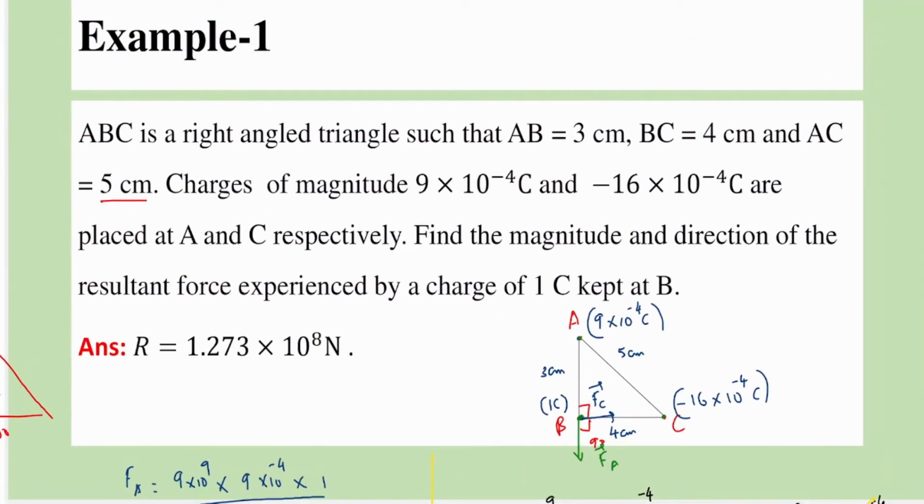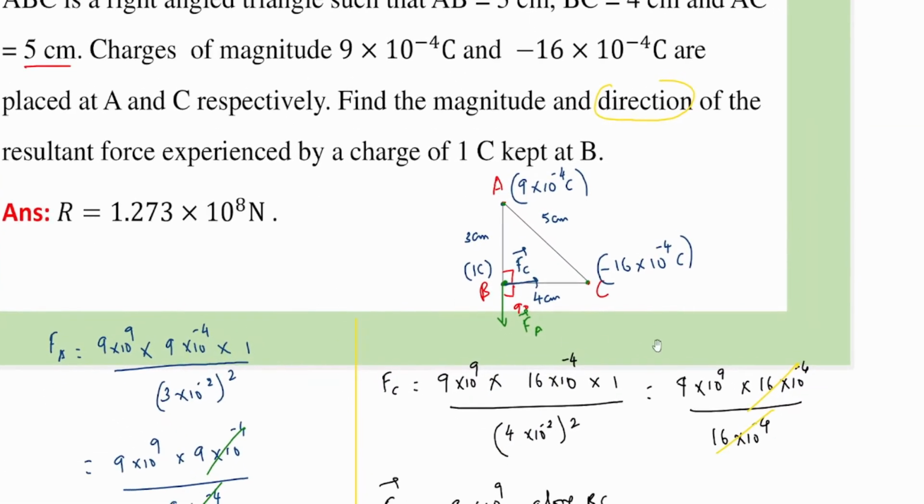The question says also find the direction of the force. So the resultant of these two forces, if we draw it separately, there is one force like this, which we call F suffix C, and one force which is F suffix A. Now the sum of these two forces would be somewhere between Fc and Fa.